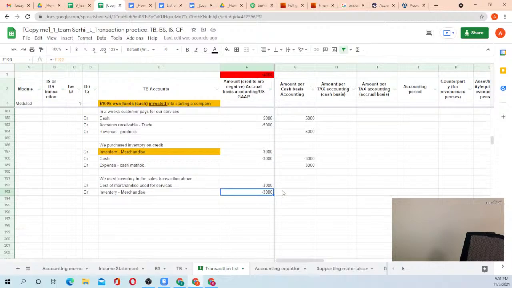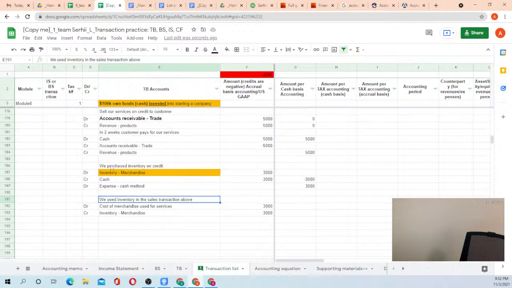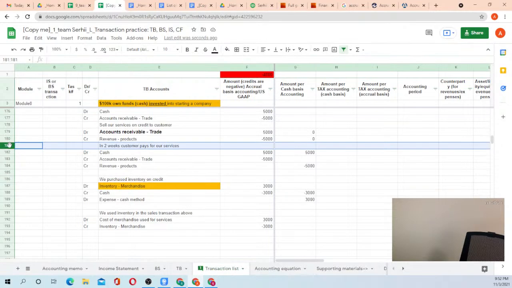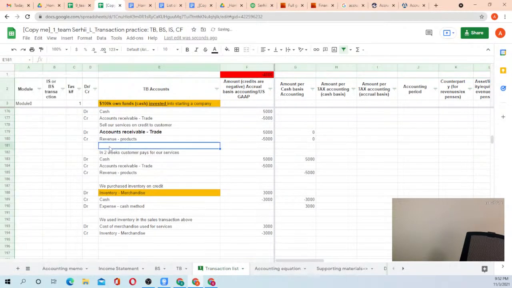Okay, I see 1, which means we will continue a bit more on that topic. So let's return. Let's say we have an accrual versus cash basis header here.